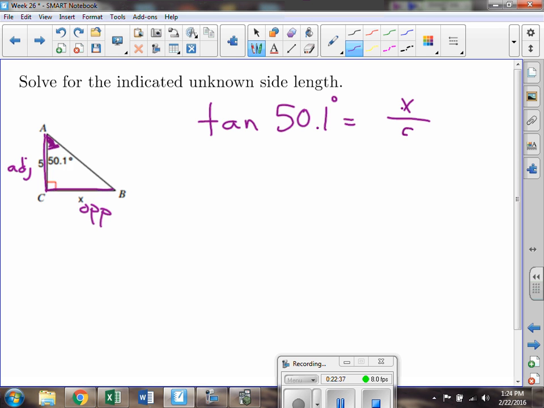And I like the fact, Kiana, that you didn't get caught up. The last two examples had the variable in the denominator, but you didn't let that pattern distract you. We actually need to look at it and see which one is opposite, which one is adjacent, and not just assume the variable will be in the numerator or denominator. Okay, so to get the x by itself, we'll multiply by 5. And so 5 times the tangent of the 50.1 degree angle.